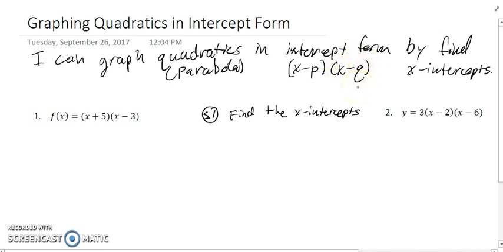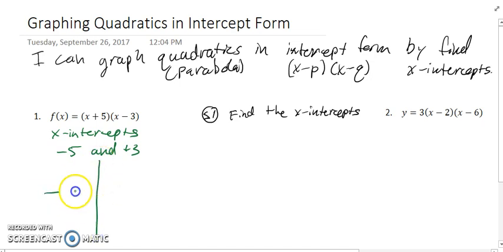So our first step is to find the x-intercepts, and again, I've talked about how we use a lot of x's opposites, so our x-intercepts here are going to be -5 and +3 because they're the opposites of what we're dealing with here.